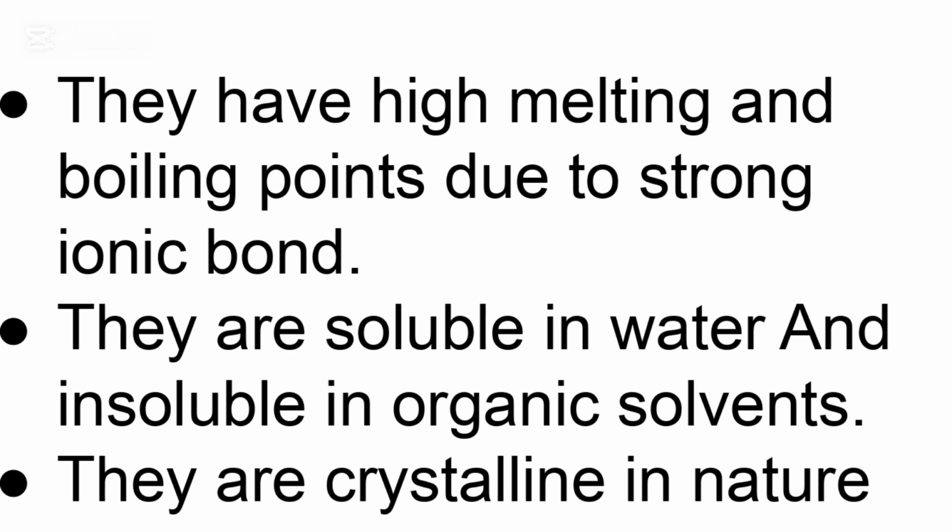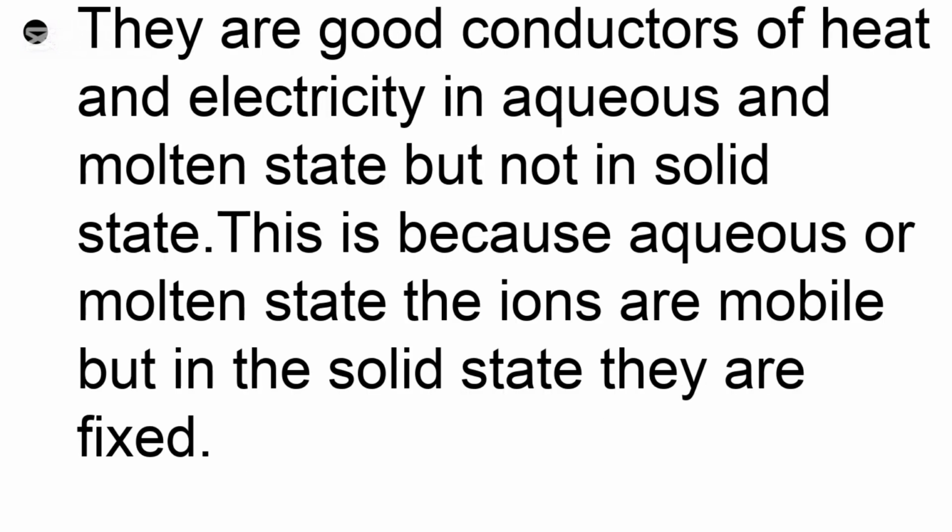They are crystalline in nature. They are good conductors of heat and electricity in aqueous and molten state, but not in the solid state. This is because in aqueous or molten state, the ions are mobile, but in the solid state, they are fixed.